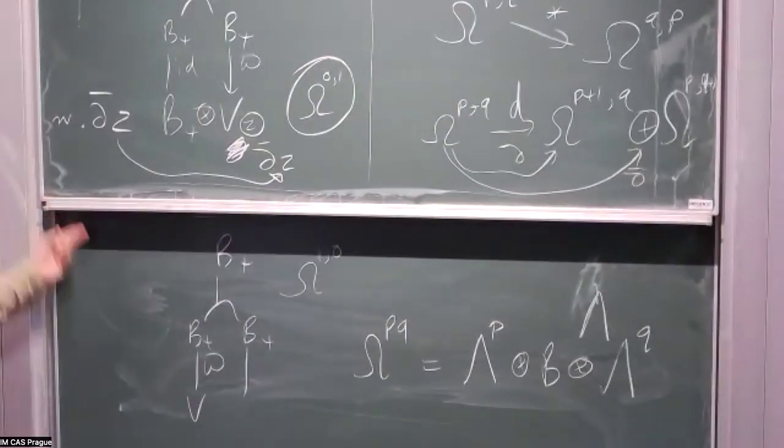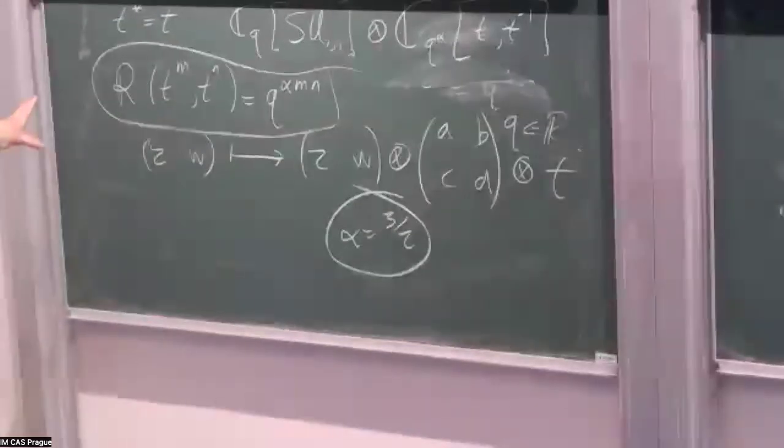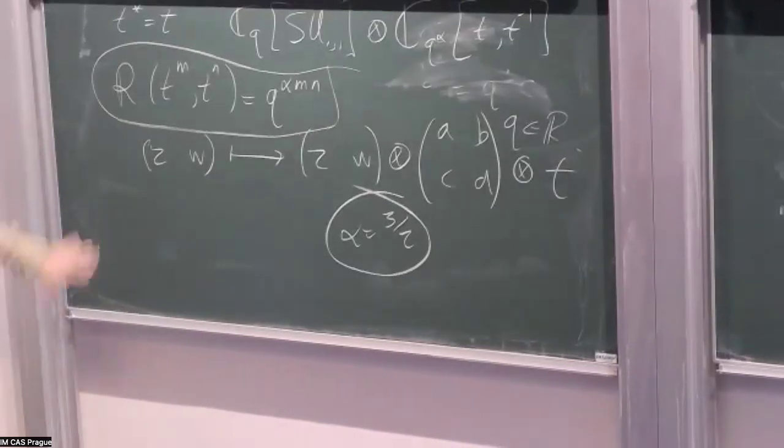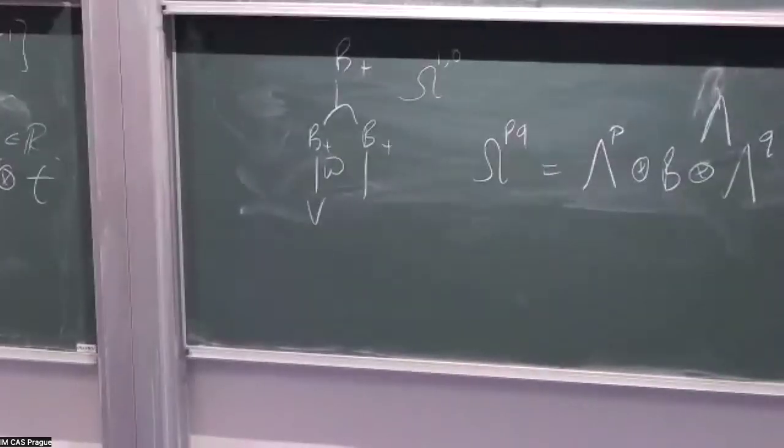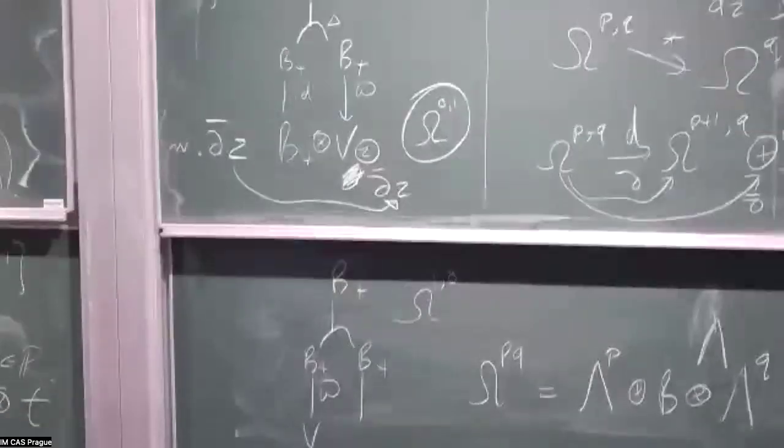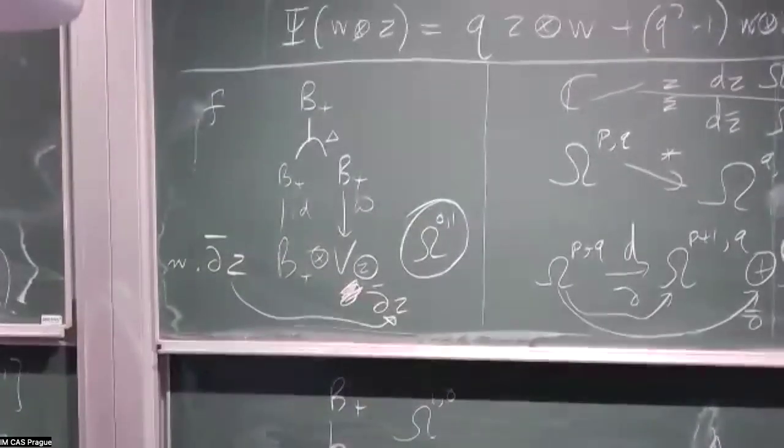But then, what is V again? V is just the linear functions on the plane really, Z and Z bar span V. So this B plus tensor V is your omega 0, 1. And it's just the usual presentation. Somehow it's a free module, and V is like the tangent space.